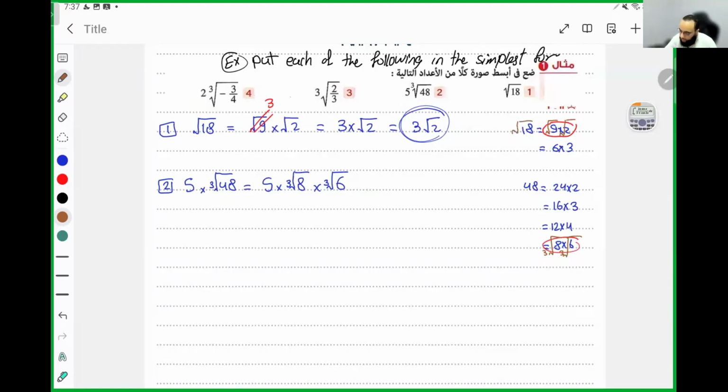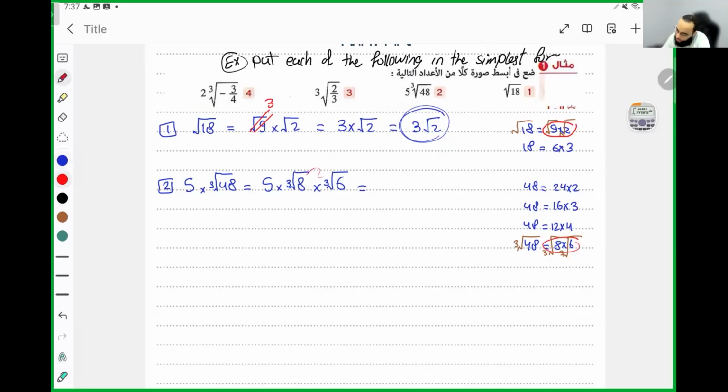So when I write it, I should write a cubic root, because it was a cubic root 48. So I decompose the 48 into 8 by 6. Then it's not 8 by 6, it's cubic root 8 by cubic root 6.